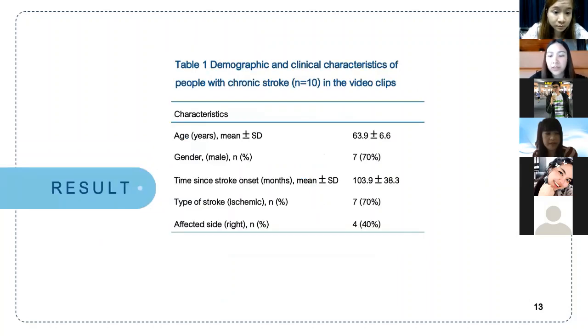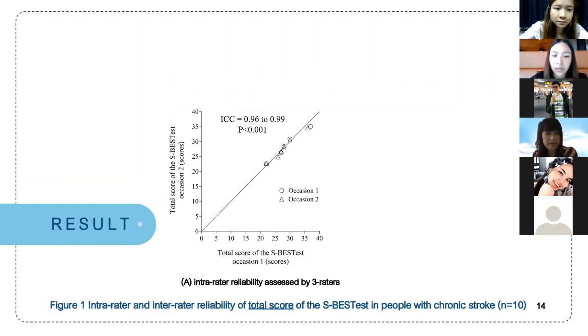The results of this study. Table 1 shows the demographic and clinical characteristics of the 10 people with chronic stroke. They were aged between 53 and 72 years old and had a wide range of time post-stroke, and you can see the other data on the slide. Next, the results of the reliability testing. The total score of the S-BESTest is represented in a graph.